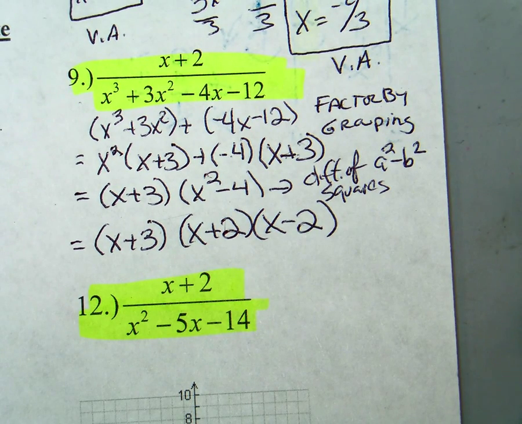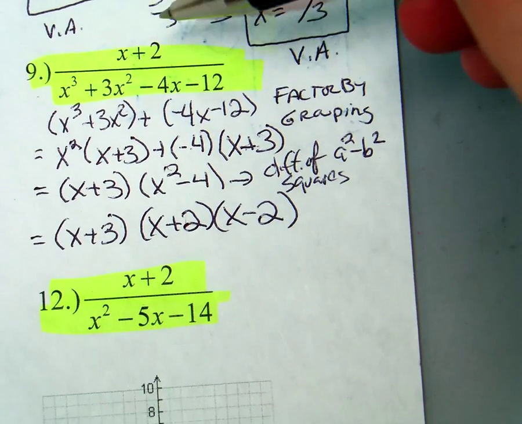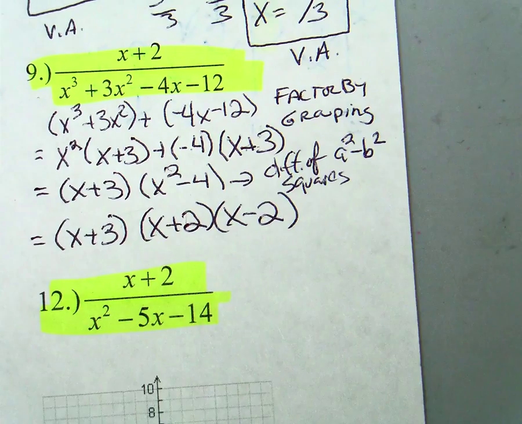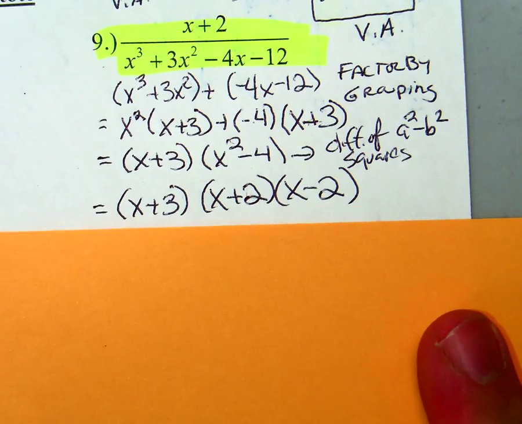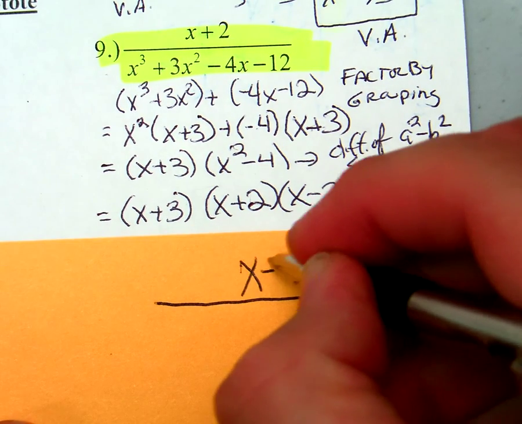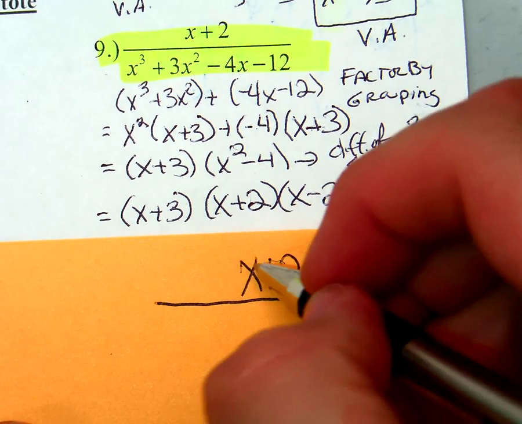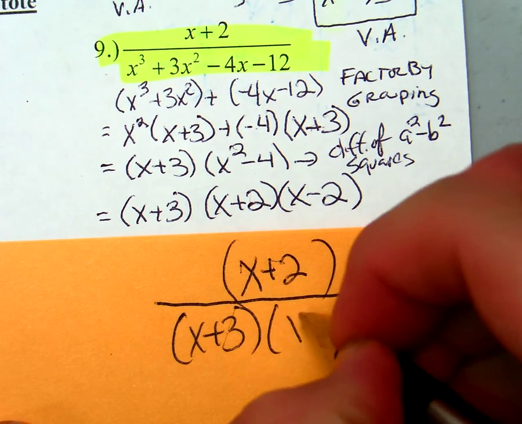All right, so now let's take a look at the function itself. So we're going to rewrite the function. X plus 2 is in the top. I have x plus 3, x plus 2, and an x minus 2. Can I divide any of them out?